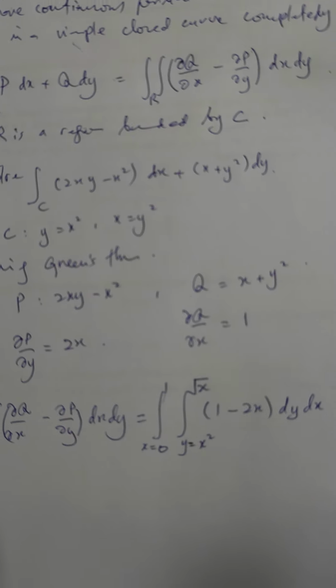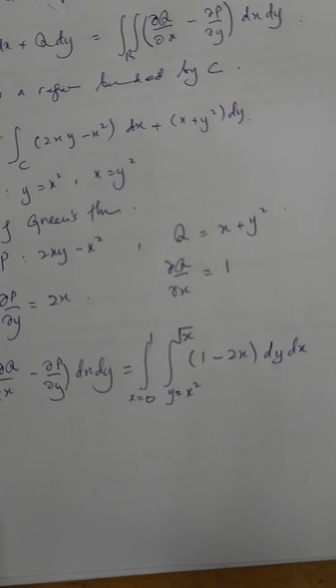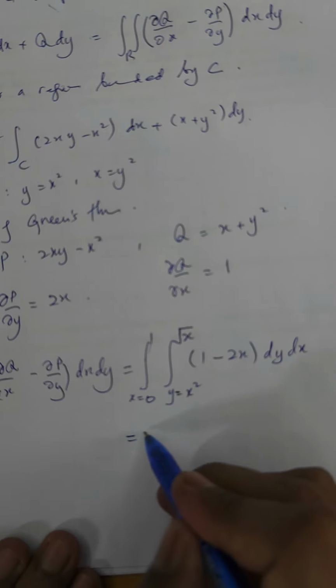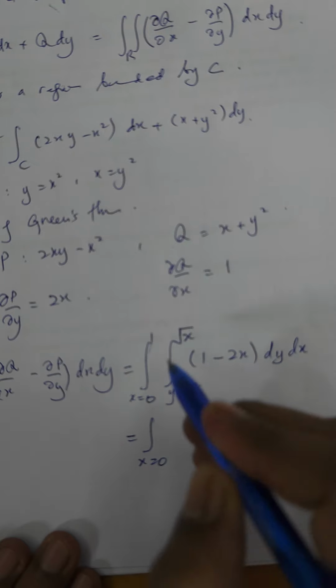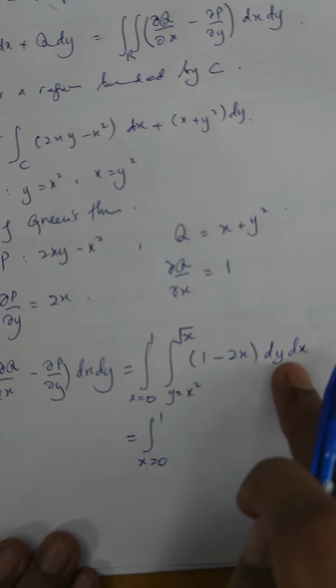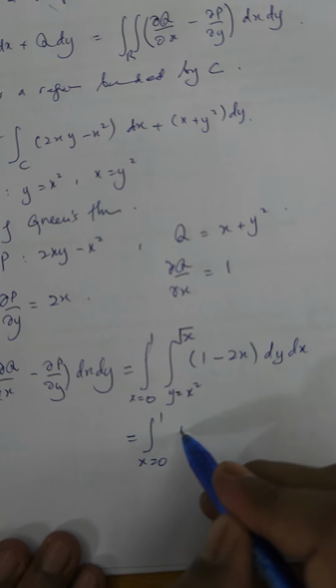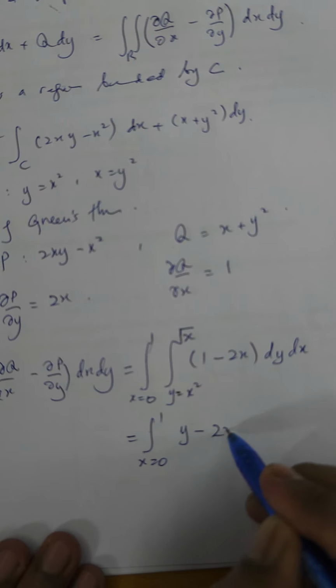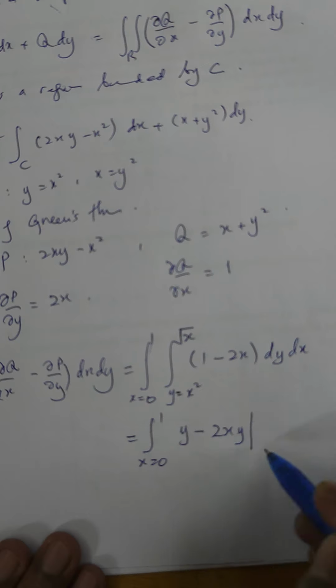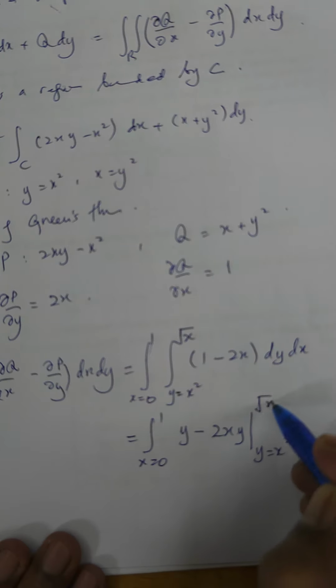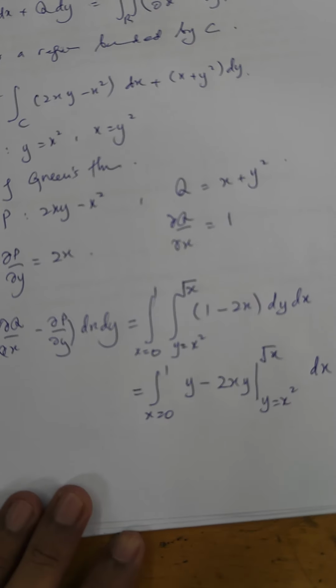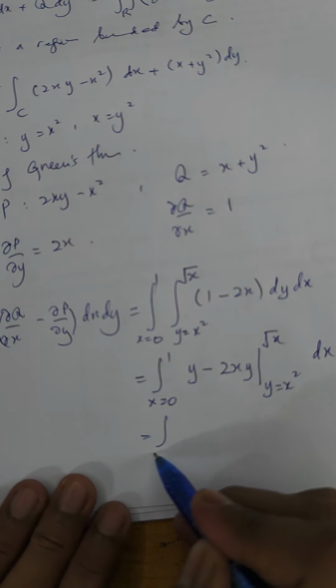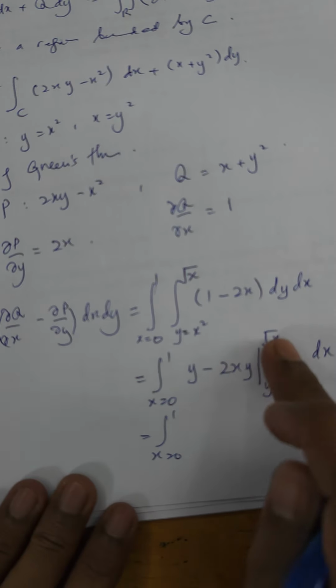So this is much easier for you to solve. I think I don't have to do this for you, or should I? We integrate with respect to y, so we have y minus 2xy, with y from x squared to the square root of x, dx, integrated for x from 0 to 1.